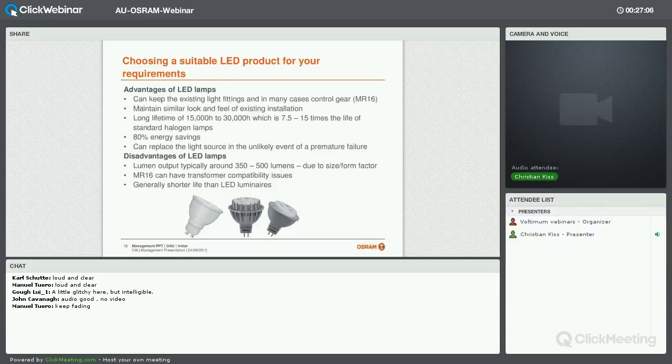The disadvantages of these LED lamps is the lumen outputs are typically in the lower end of the scale, so around 350 to 500 is pretty common, and it's restricted due to the size and form factor of the LEDs that they have to conform to, and effectively how we can thermally manage the heat in the LED itself.